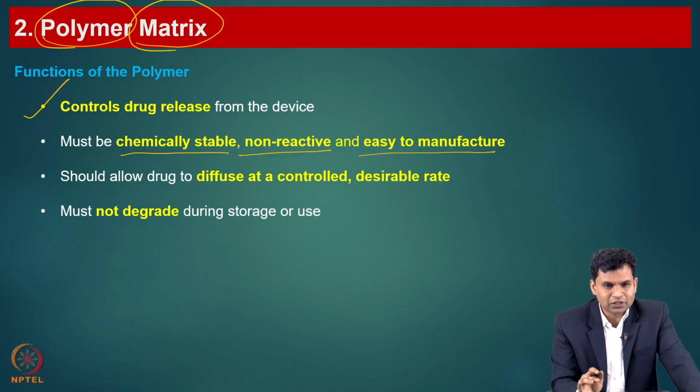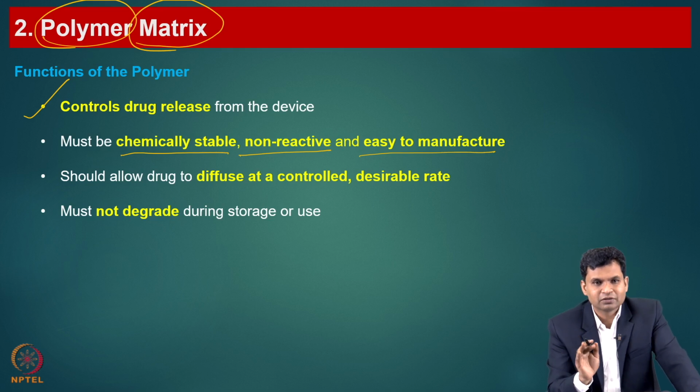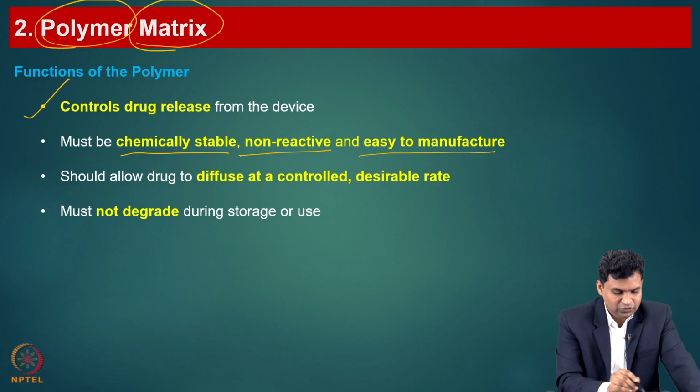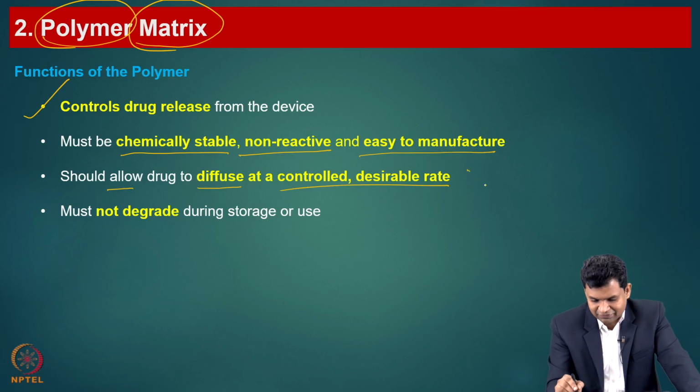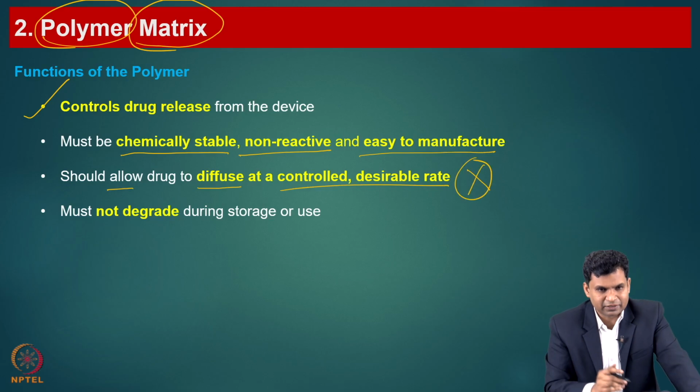It should not degrade your active ingredient, should not influence the release and performance of your active ingredient, and should allow the drug to diffuse at a controlled and desirable rate. If it does not work, then it will not help and will not fulfill the requirement.